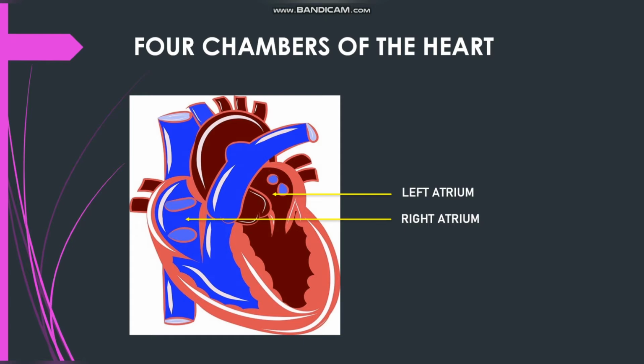These upper 2 chambers are auricles. This is the left ventricle and this one is the right ventricle. So these are the 4 chambers of the heart: left atrium, right atrium, left ventricle and right ventricle.